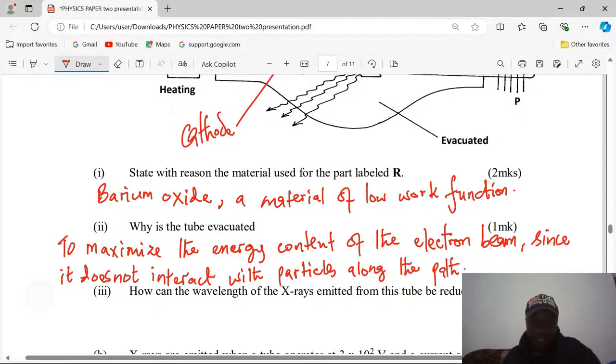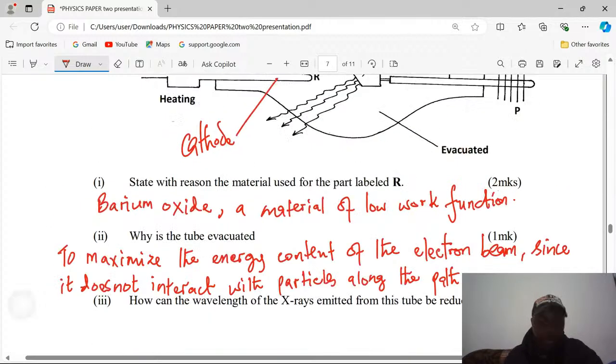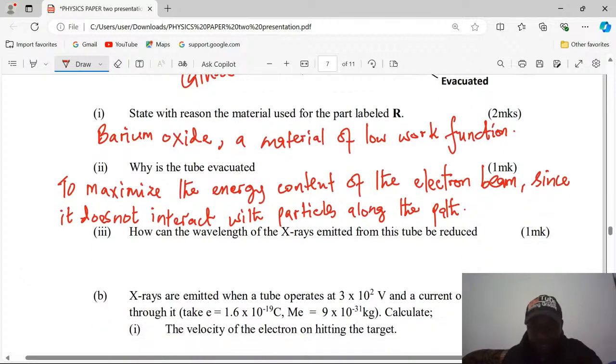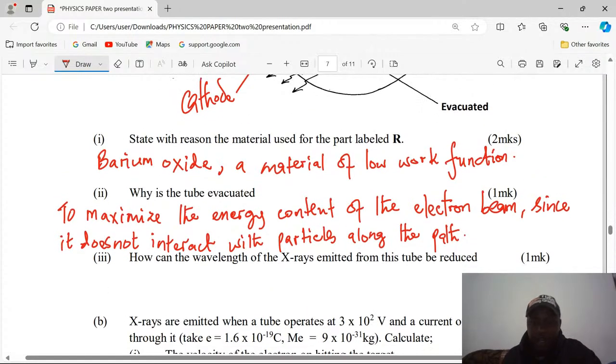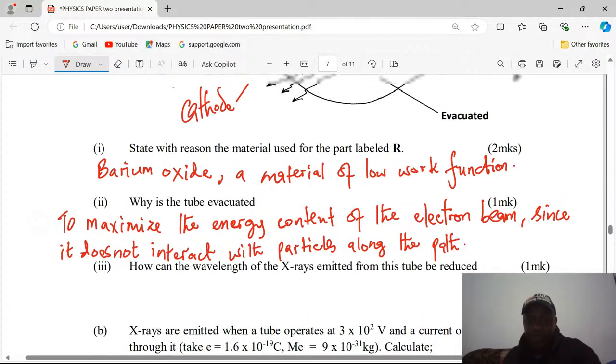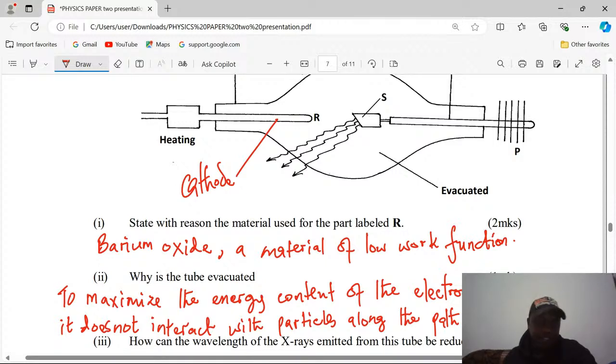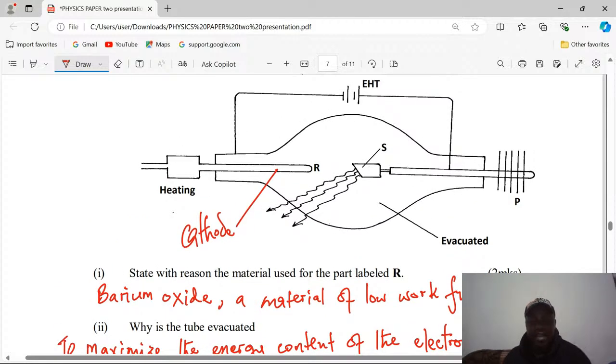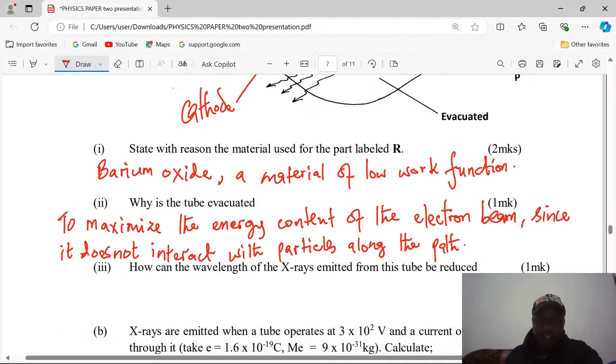If it does so, it will cause ionization and lose a lot of energy. So the electron beam has to go with maximum energy. Remember, the greater the energy the beam has, the greater the energy also, which will be replicated in the X-ray beam being produced, and the more reliable the radiation is going to be.